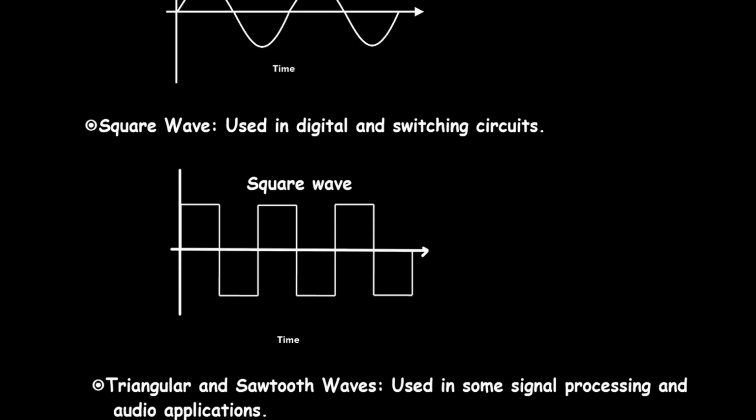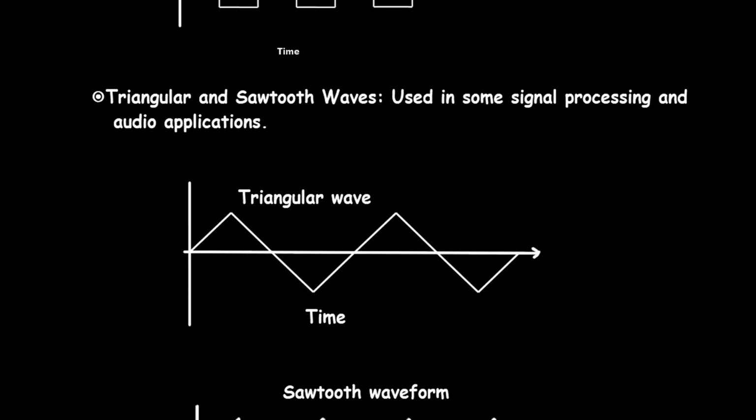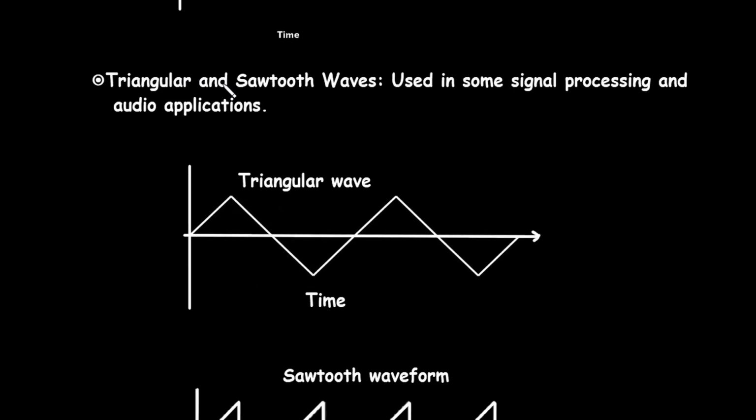Then next is square wave. Square wave is used in digital and switching circuits. So this is how a square wave looks like. It looks like a square, that's why it is called a square wave. Then next is triangular and sawtooth wave, used in some signal processing and audio applications.